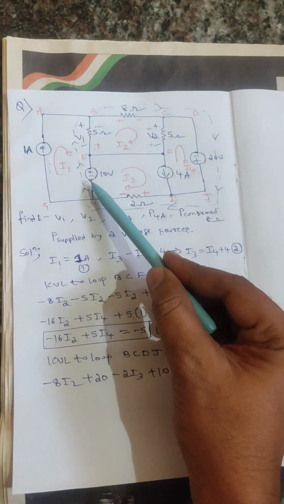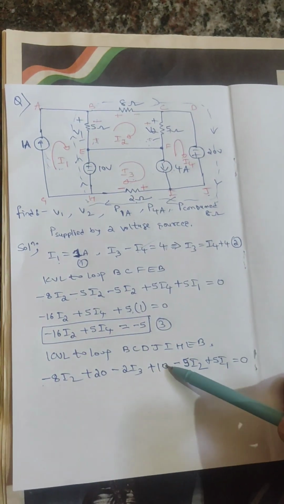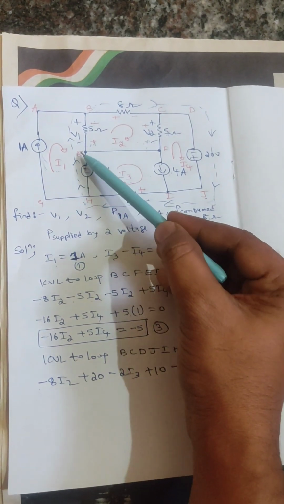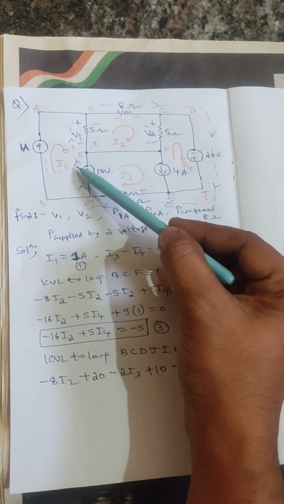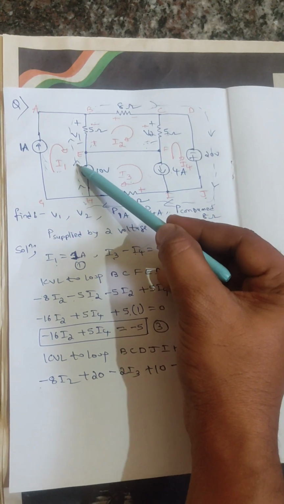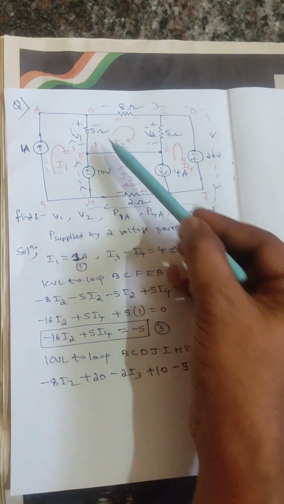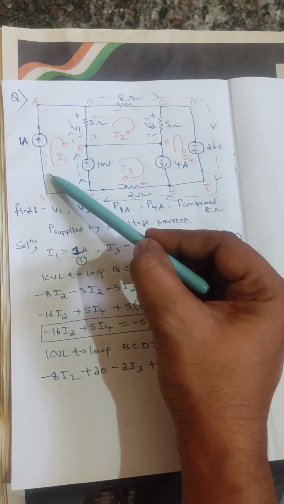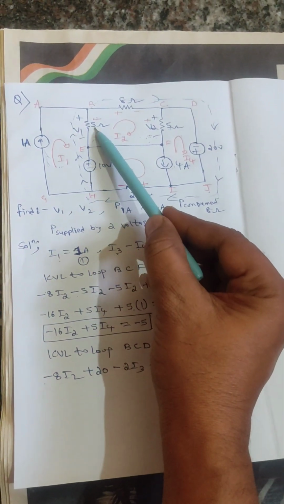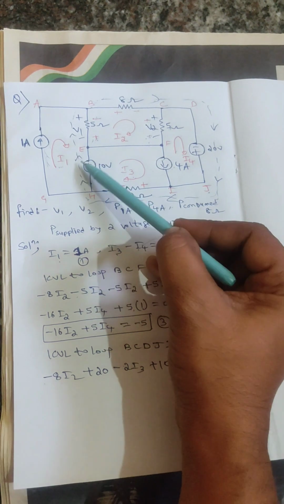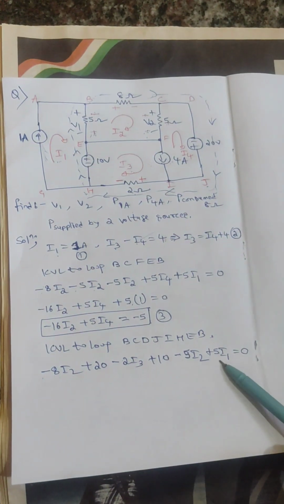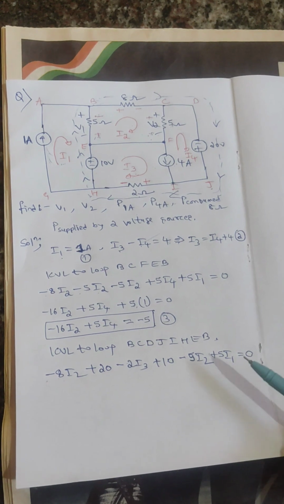Then flowing from minus to plus means rise, plus 10. And then see this direction and the I2 direction. Both are the same, flowing from plus to minus, so drop, minus 5 I2. And the I1 current also flows in this resistor, but this I1 current and this current are facing opposite to each other. So therefore you should write plus 5 I1 is equal to 0.